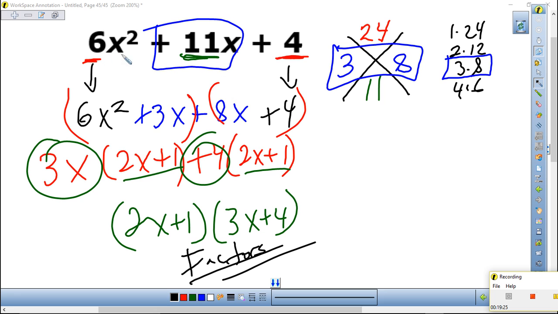So the only difference here is what, Philip? What do we need to do here for this one? The leading coefficient by the last term. Very good. And that's where we get our product. And the rest of it is the same. Everybody with me? Okay, let's see how you do with this next one.